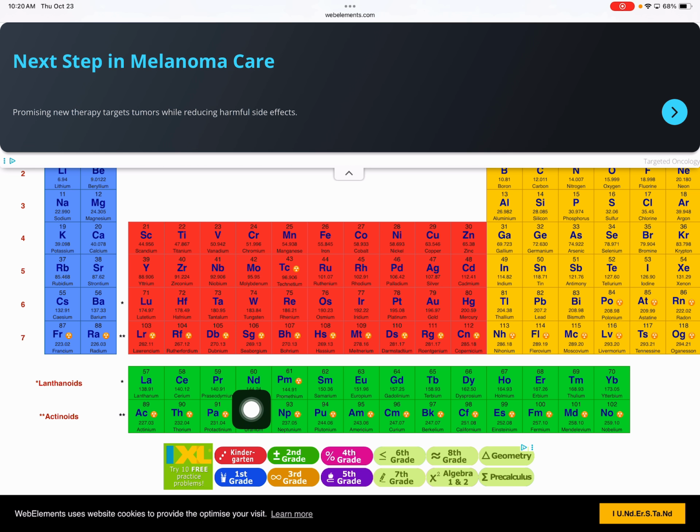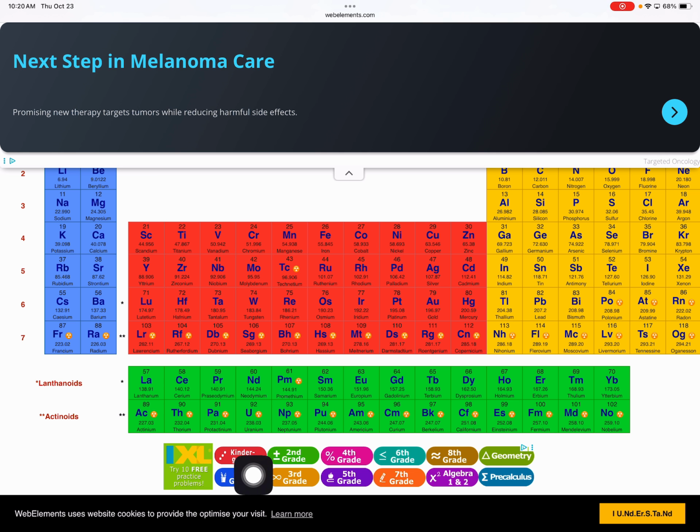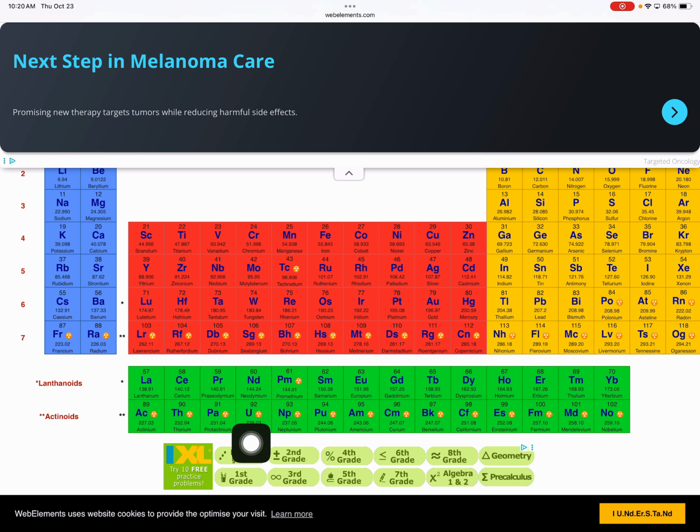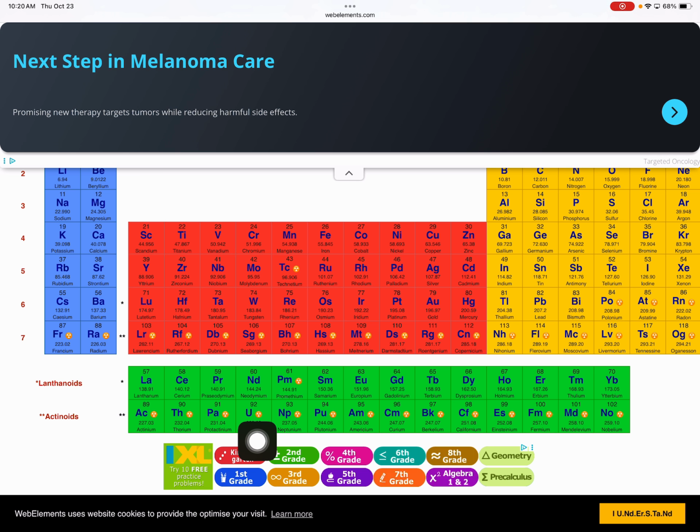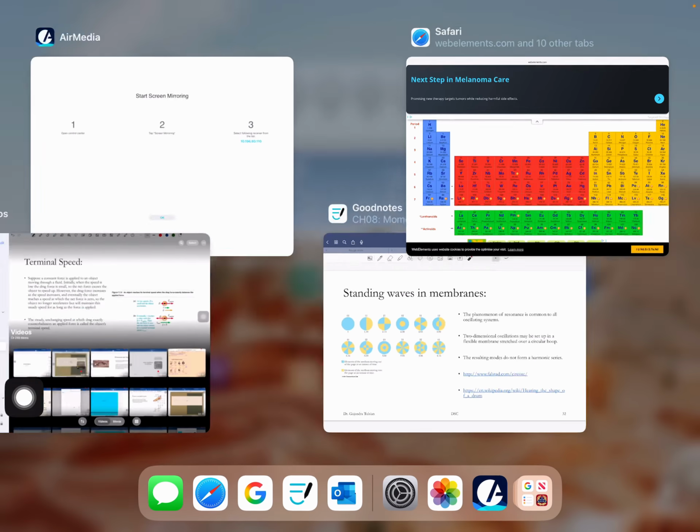What that 92 number means is it has 92 protons. And the 238 number is the mass number. It has isotopes, but uranium-238 tells you how many protons and neutrons it has. So that's what this number is.